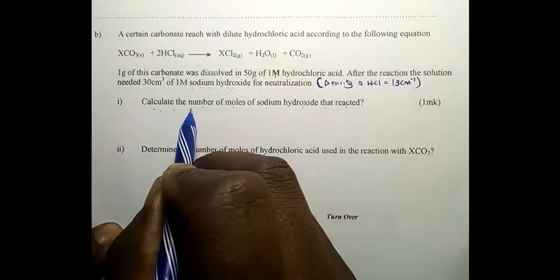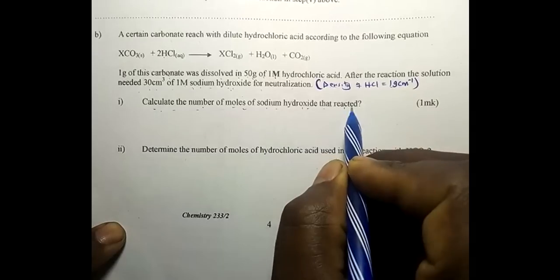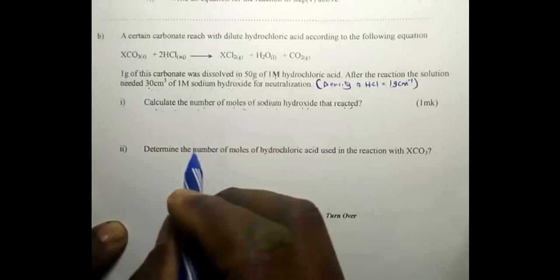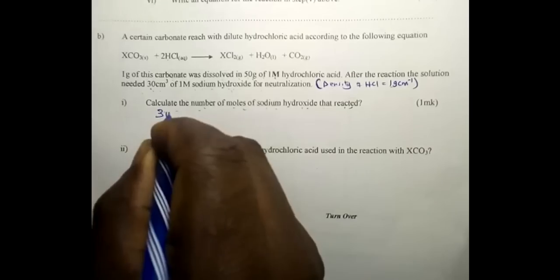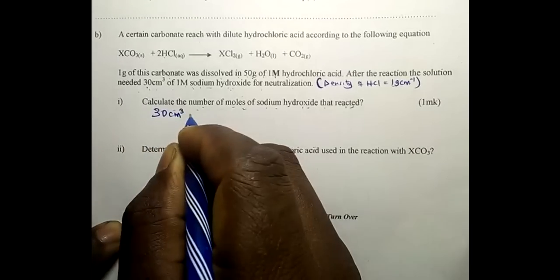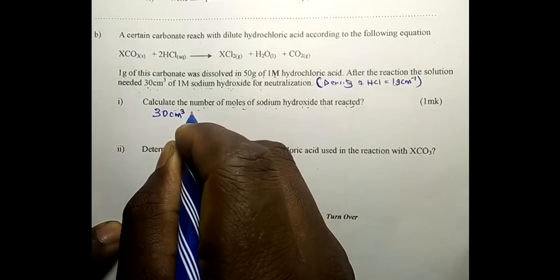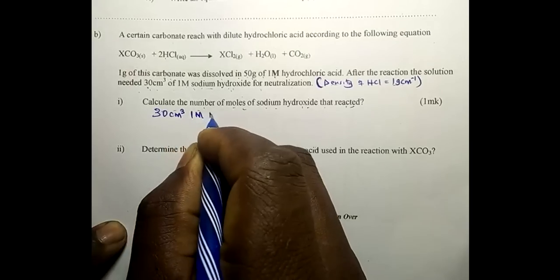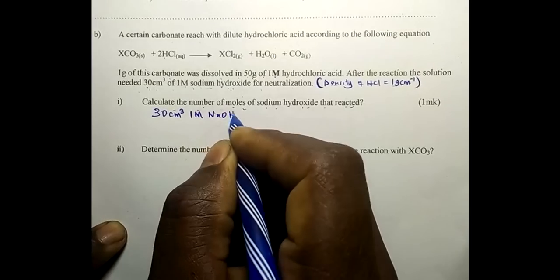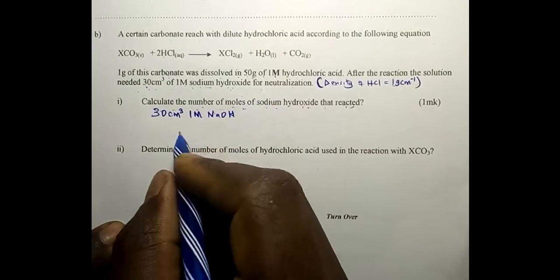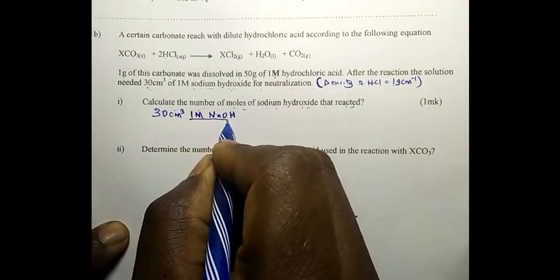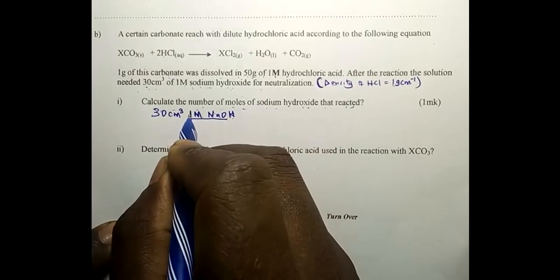Therefore, calculate the number of moles of sodium hydroxide that reacted. That one is directly given from here. We have been given that 30 centimeters cube of 1 molar sodium hydroxide reacted with the excess acid. We have been given the molarity of sodium hydroxide, which is 1 molar.